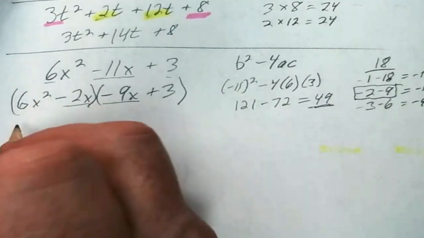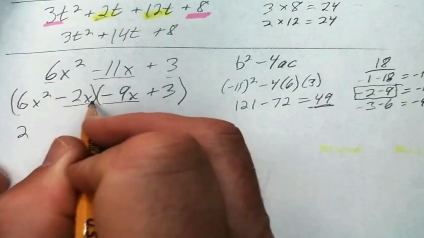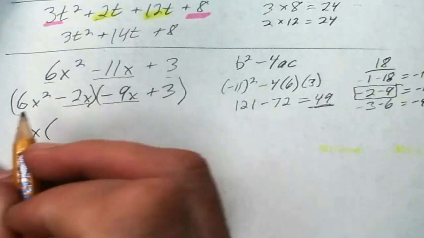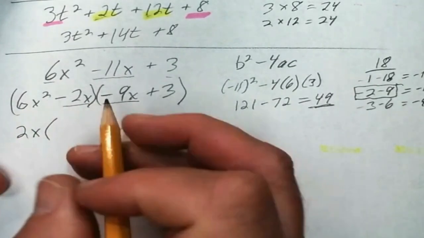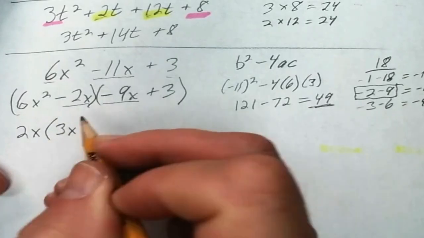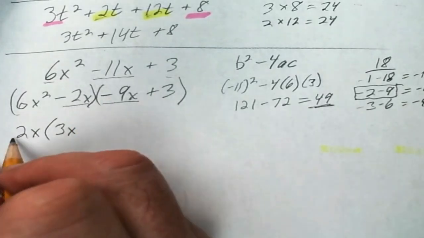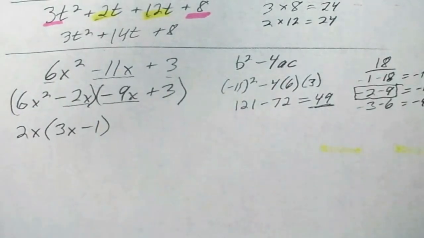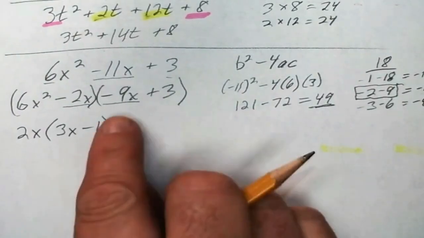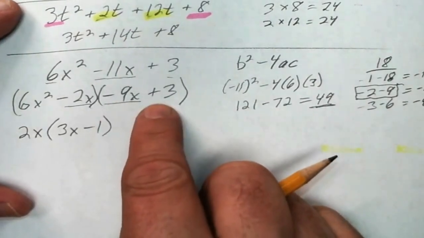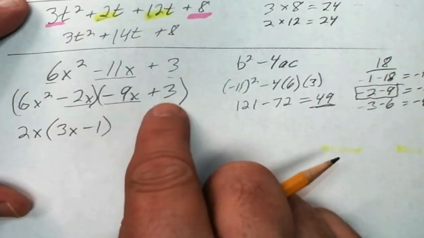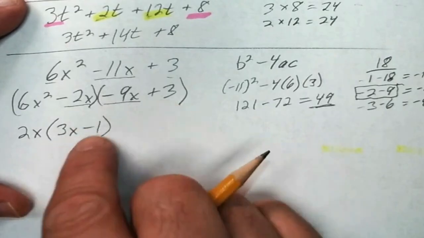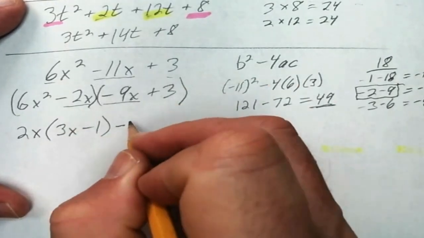6 and 2, I can pull a 2 out. X squared and x, I can pull an x out. So 6x squared divided by 2x is just a 3x. Negative 2x, factor out 2x, leaves a negative 1. Over here, I've got a negative 9x and a 3. So if I want 3x minus 1, I need to factor out a negative 3.